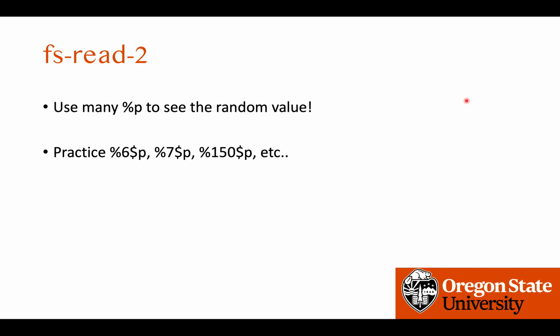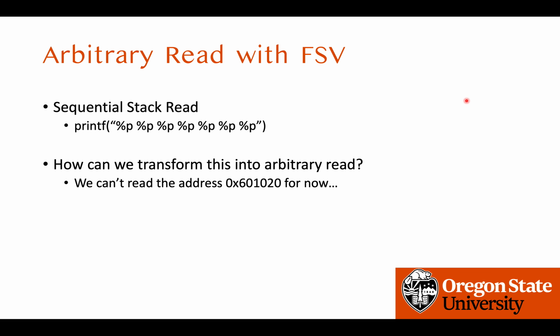But how can you convert this vulnerability into an arbitrary read? Right now we can do a sequential read, but we cannot specify a specific address. For example, if we want to leak some of the data in the GOT of a program, we cannot do that right now.